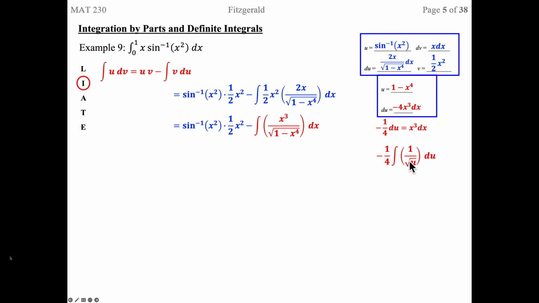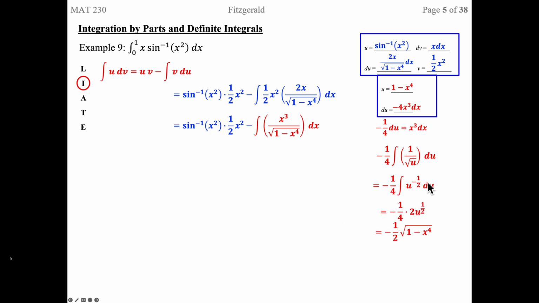Okay, so 1 over the square root of u, let's call that u to the negative 1/2. Use the power rule, add 1 makes it a positive 1/2. Divide by 1/2, which means we're going to factor that out and multiply it to our negative 1/4.